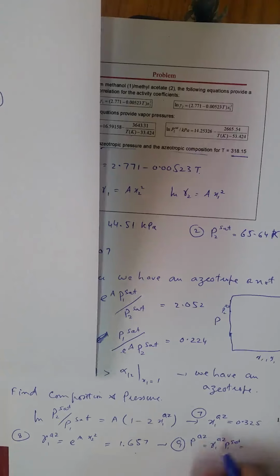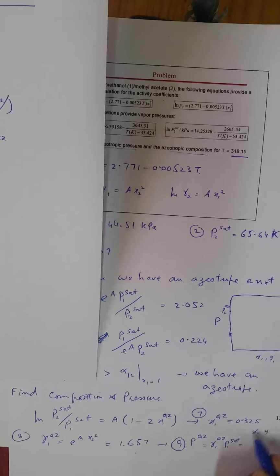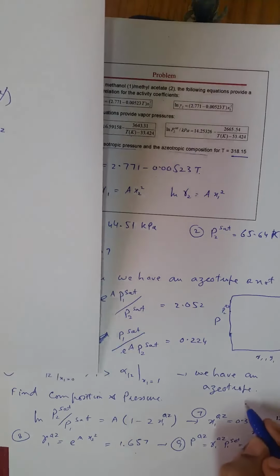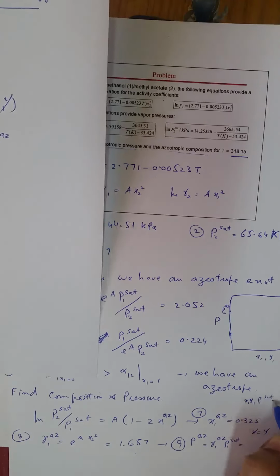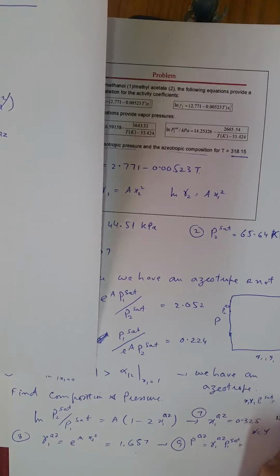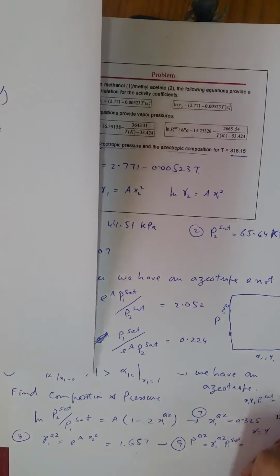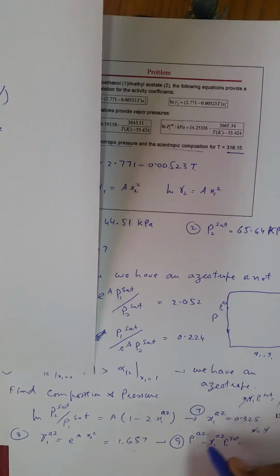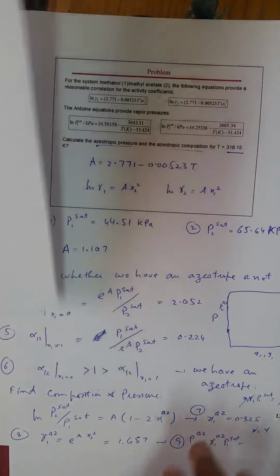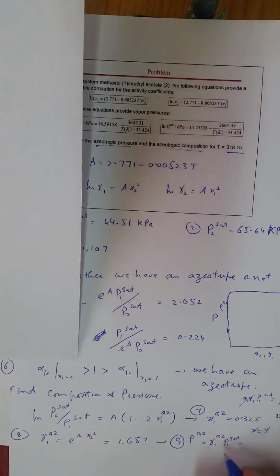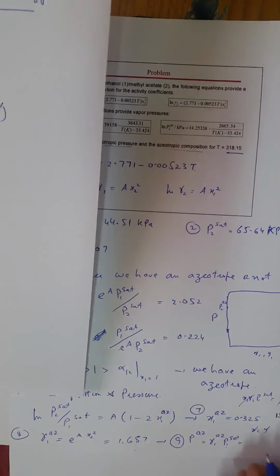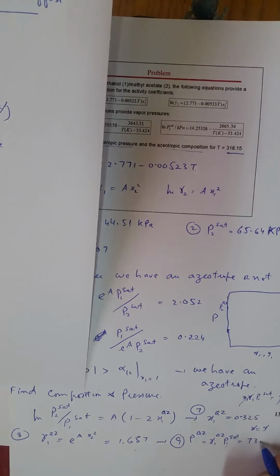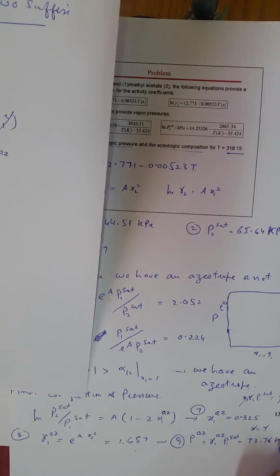Because x and y are the same, Raoult's law x1 gamma 1 P1 sat equals y1 P gives x and y cancelling out, so only gamma 1 P1 sat. But this equation is only for the azeotrope. It comes out to be 73.76 kilopascal.